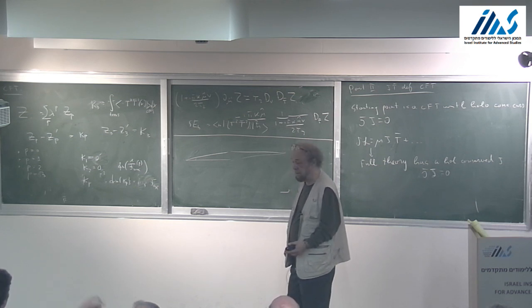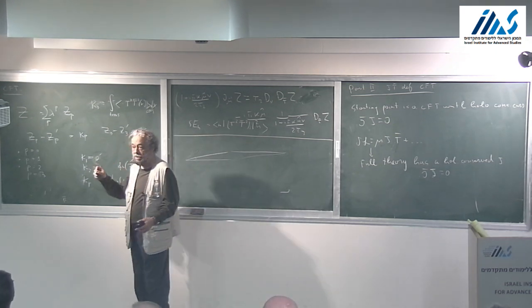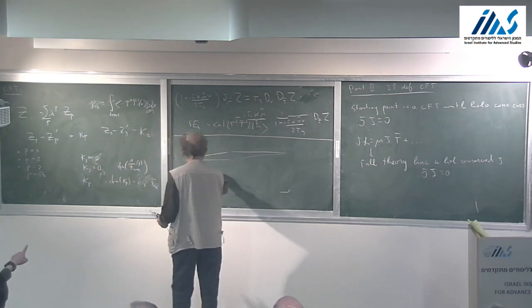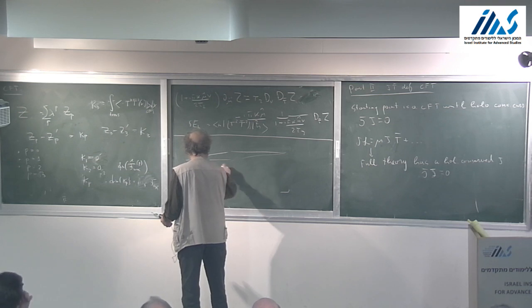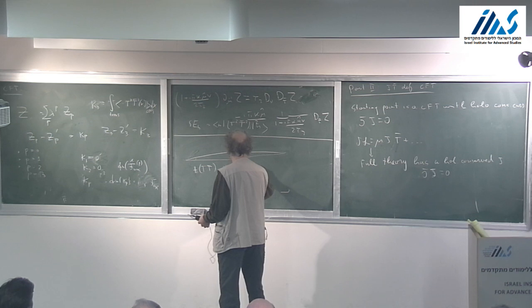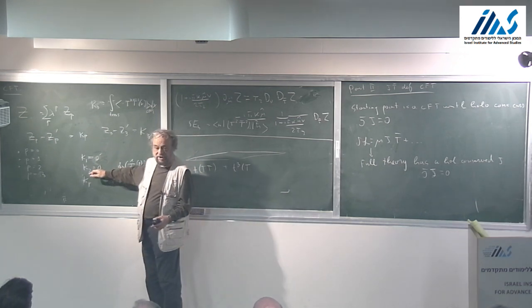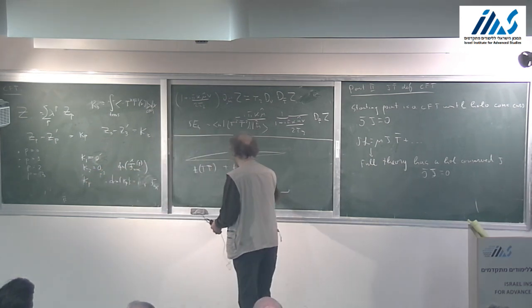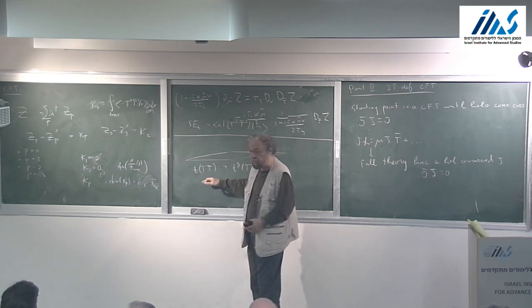So there is t times this TT bar, and I'm trying to add the counterterm, which comes with t squared, actually t cubed, and then it comes with T squared, T bar squared.